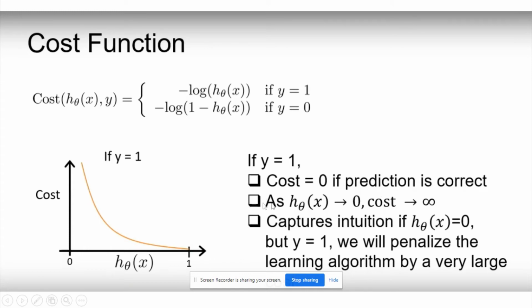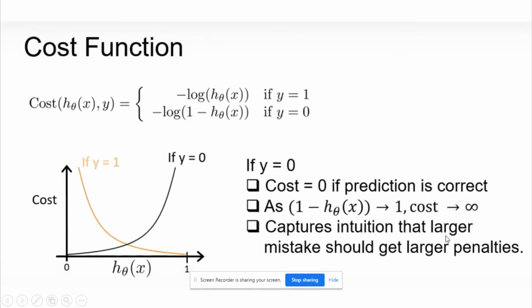For the opposite, as h(x) equal to 0, the cost will be higher or infinity. It captures the intuition that if h equal to 0 but y equal to 1, we will penalize the learning algorithm by a very large cost.